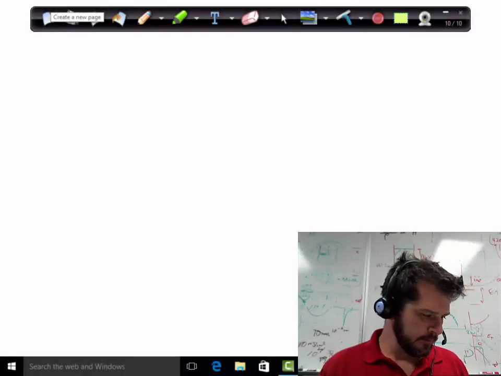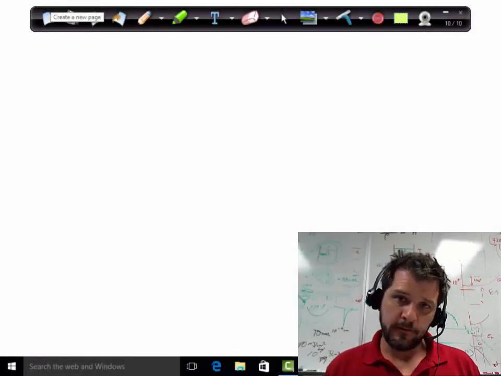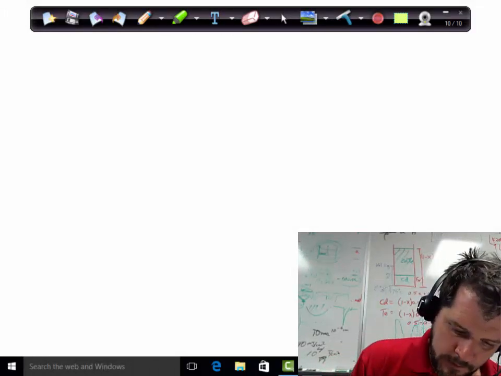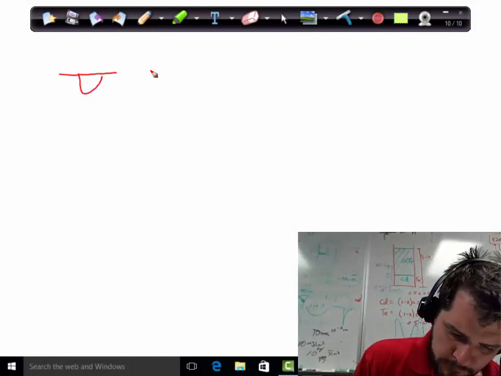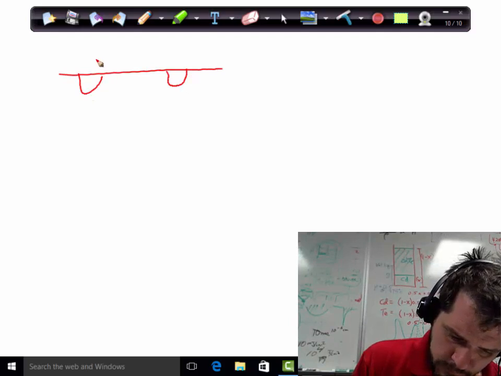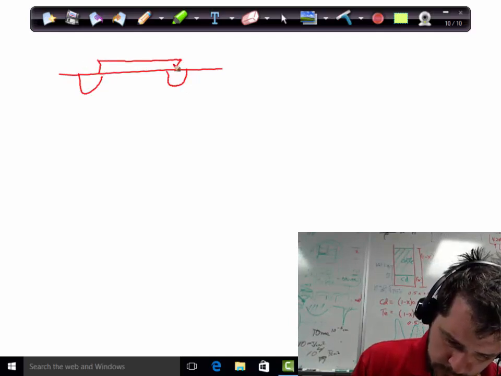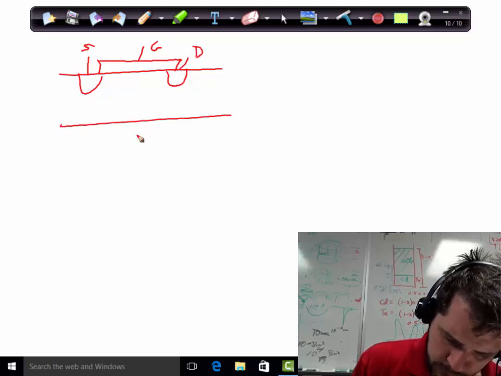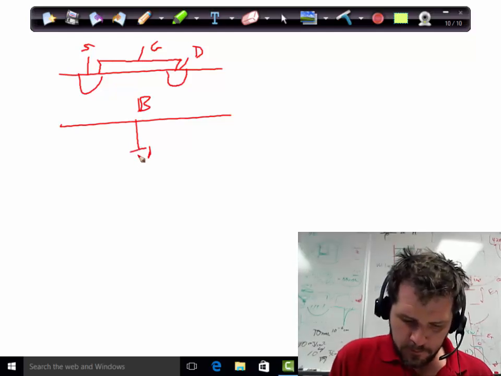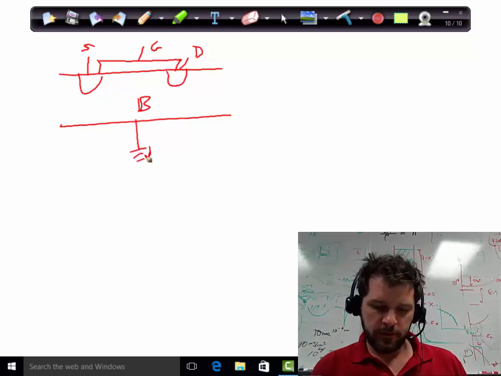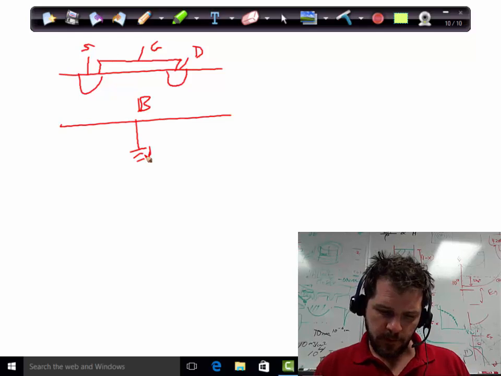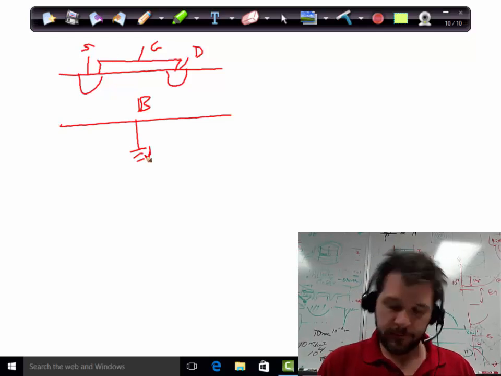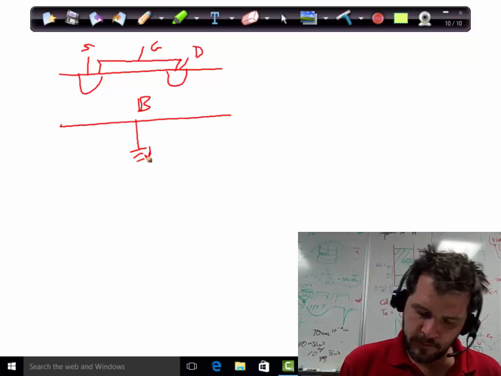Okay, the last thing to discuss is the effect of biasing that body. So let's draw our structure again. We've got our gate, our source, and our drain, and this is the body here. So what we can do is sort of add to the gate voltage in a sense.